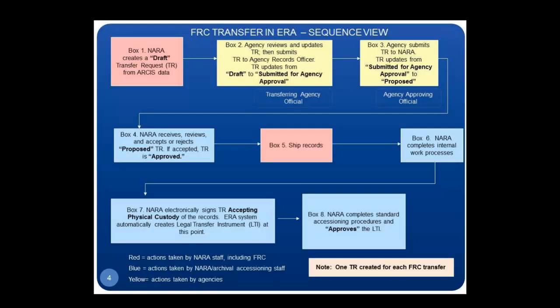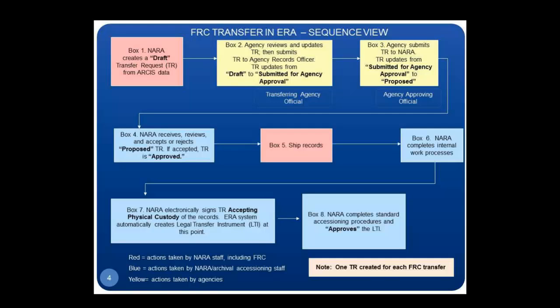At that point, we're back to box 6. In blue, you'll see actions taken specifically by NARA archival units. NARA completes our own internal processes. We will accept physical custody if that's the appropriate thing to do, and accept legal custody at box 8.